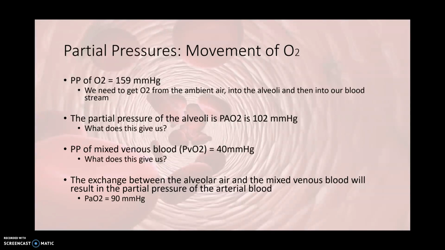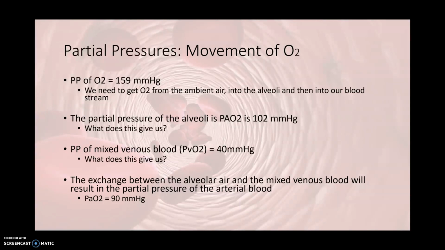So we know that the partial pressure of O2 in the ambient air is about 159 millimeters of mercury, right? So we need to get that oxygen from the ambient air into our alveoli within the lungs and then into our bloodstream. The partial pressure of the alveoli, represented as PAO2, is about 102 millimeters of mercury.